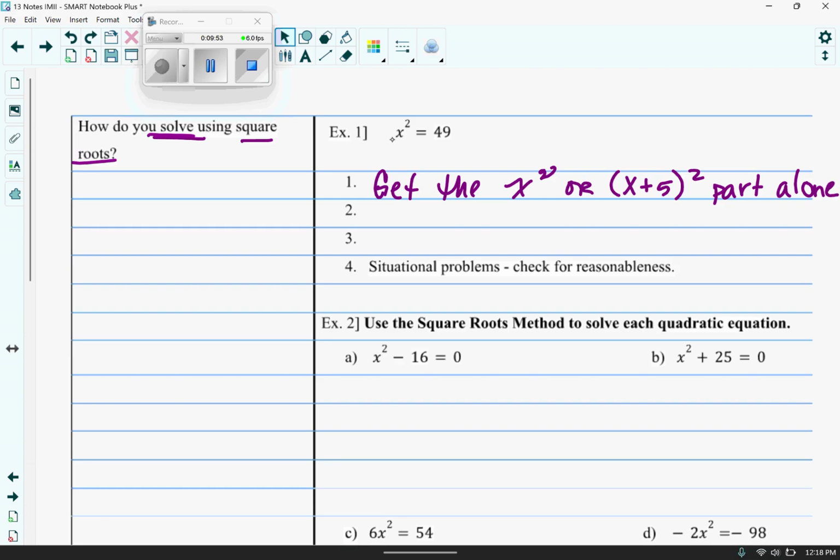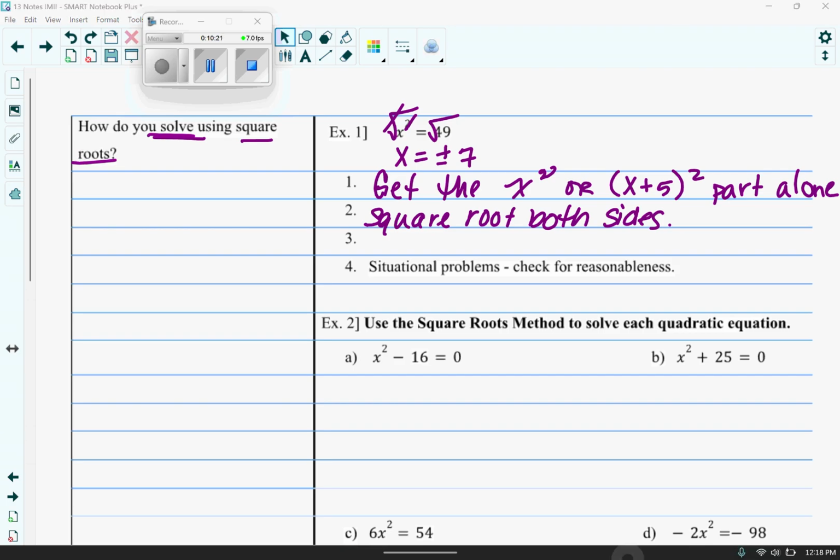I already have that x squared alone. Now we're going to square root both sides, because the square root and the square cancel each other out. So here I would be left with x is equal to plus or minus 7, because negative 7 times negative 7 is 49, and 7 times 7 is 49.